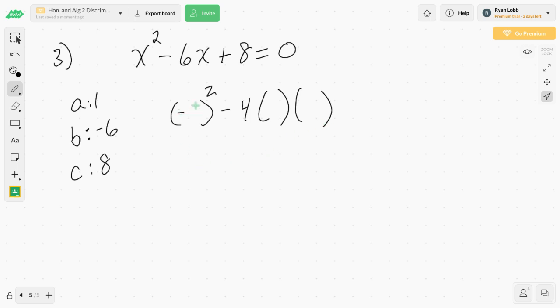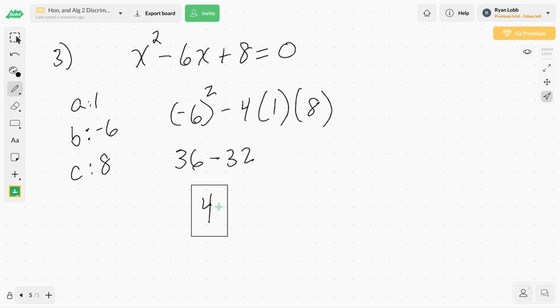Sub in B, A, C. Arithmetic, -6 times -6, positive 36. 4 times 1 times 8, minus 32, 4. The discriminant for this equation is 4.